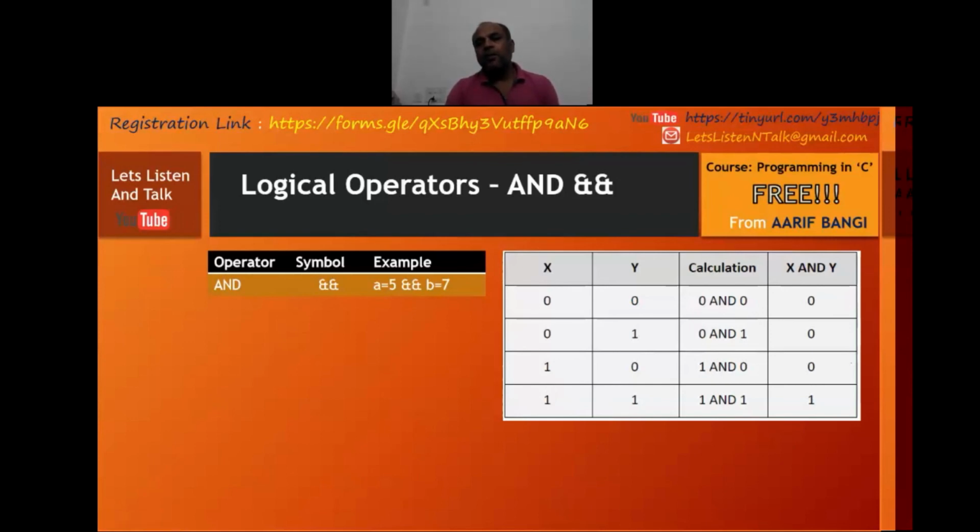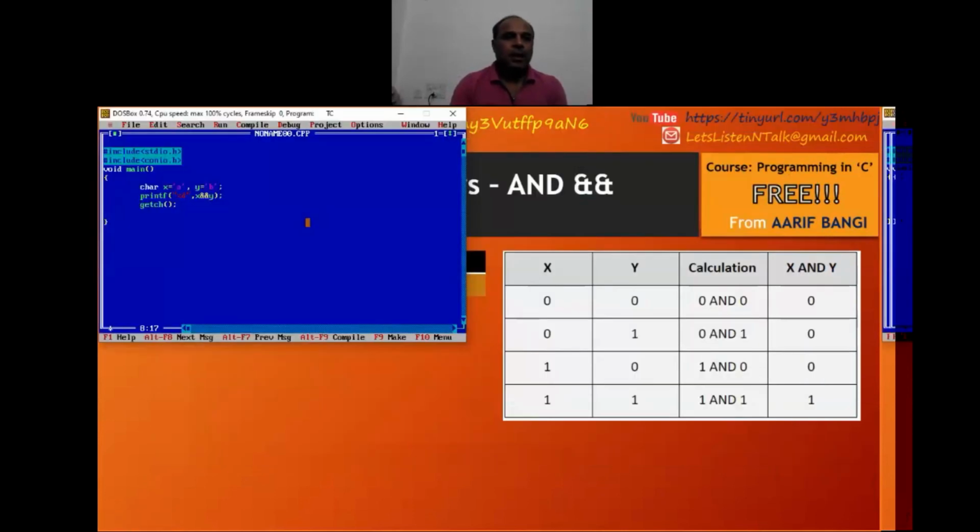It is an expression which evaluates to non-zero. Please understand that. Anything that is non-zero on left and right side, then only it will come to 1. So that is the reason here A is a non-zero value, B is also a non-zero value. You understand?